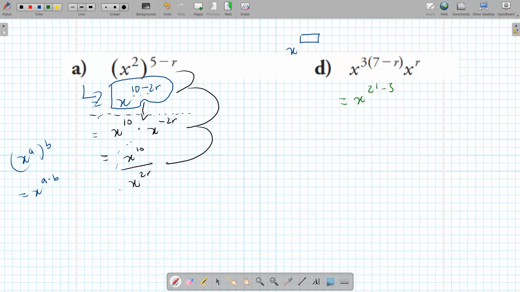Great, now let's combine these two x's. What do you get? Use the first law, which says if you have x^a times x^b, it's x^(a+b). Combine the bases.